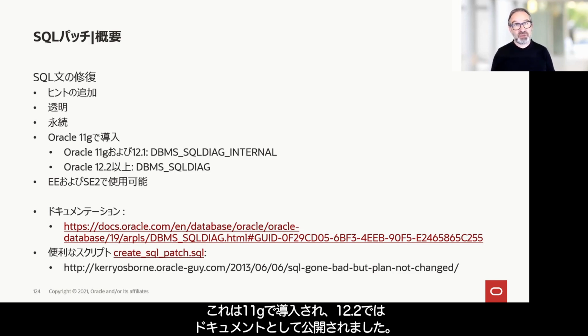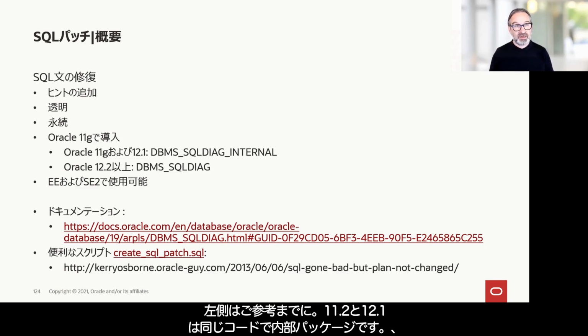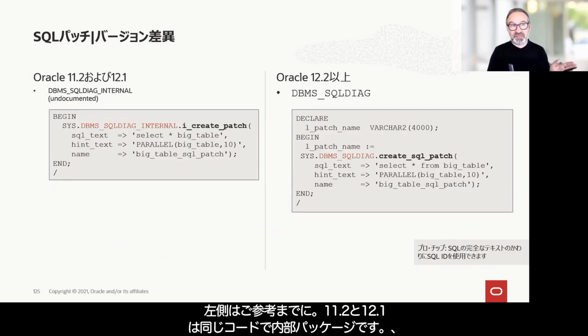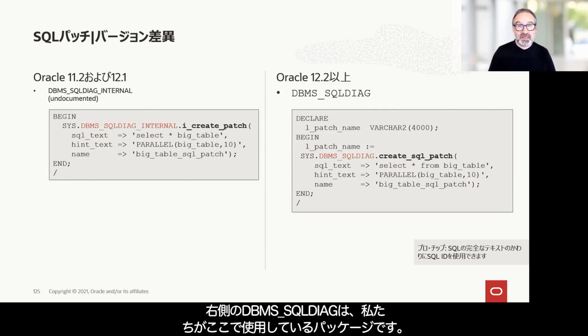It got introduced in 11g and made publicly available and documented as well in 12.2. So I won't focus on the left side because this is the 11.2 and 12.1 code with an internal package. But on the right side, DBMS_SQLDIAG, this is the package we are using here.